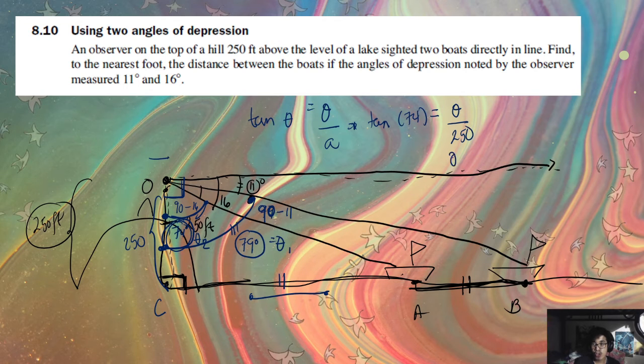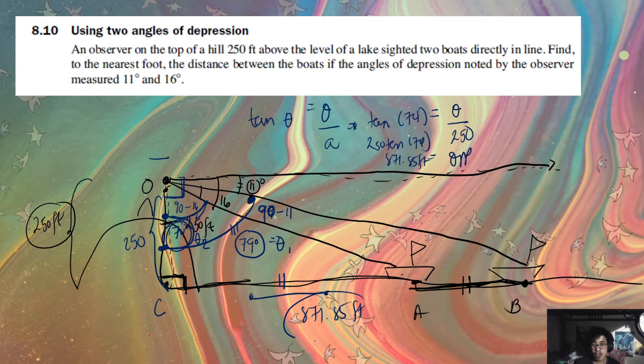Therefore, the opposite side is equal to 250 times tangent of 74. That should give us 871.85 feet. So the distance between C and A is 871.85 feet.